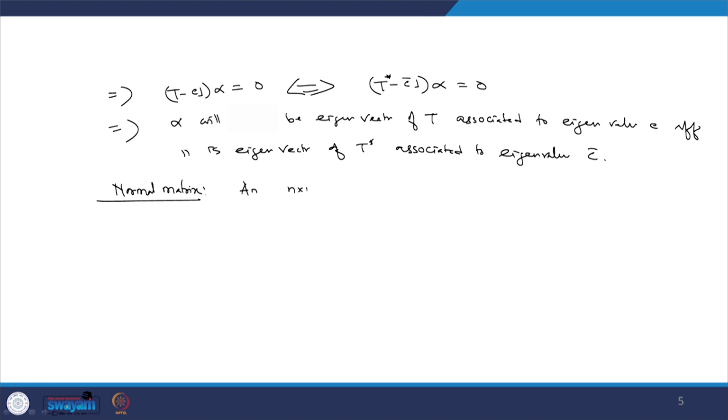An n cross n matrix B is said to be normal if B B star equals B star B. So, a normal matrix is defined exactly the same way as a normal operator. Here I am saying that B will be normal provided B B star equals B star B.